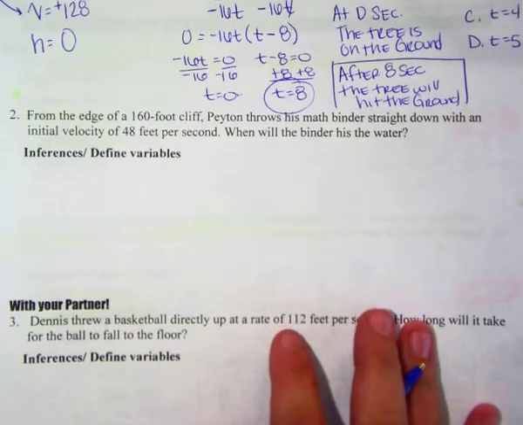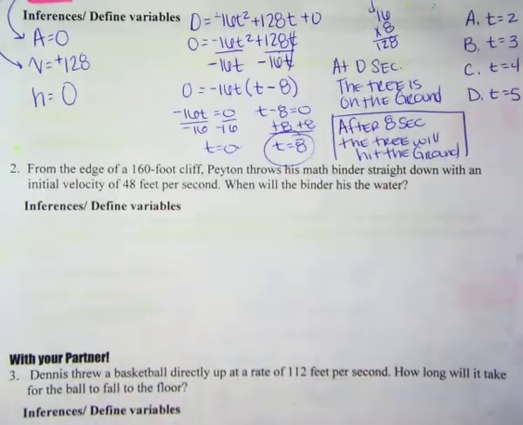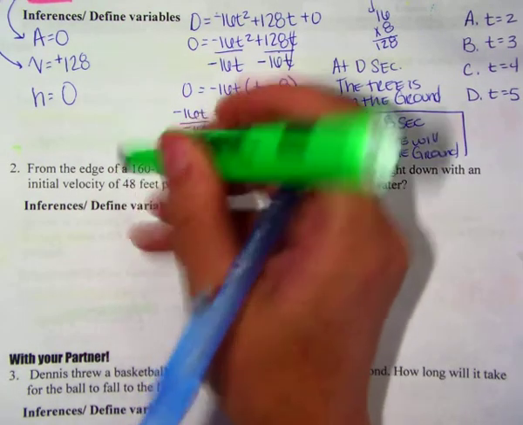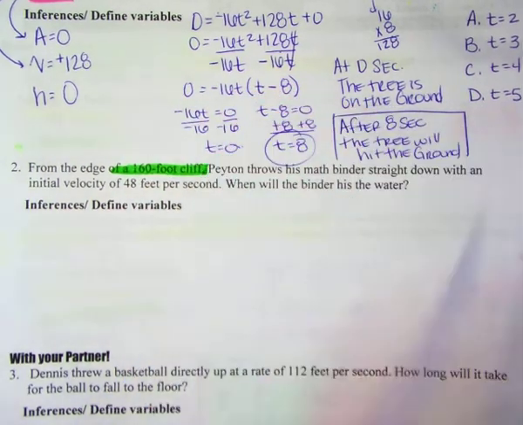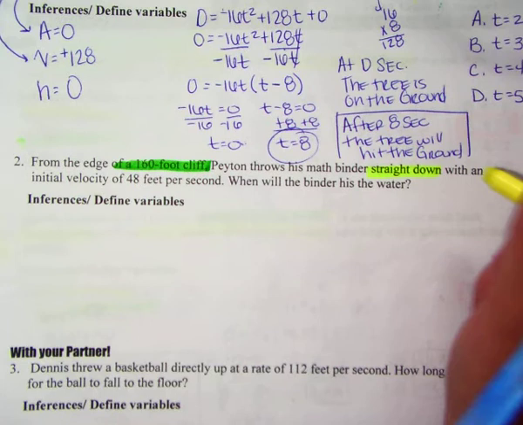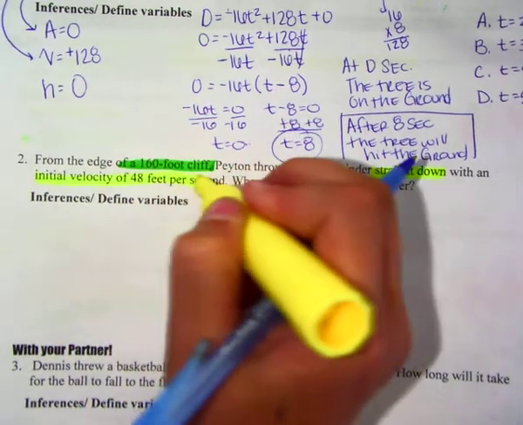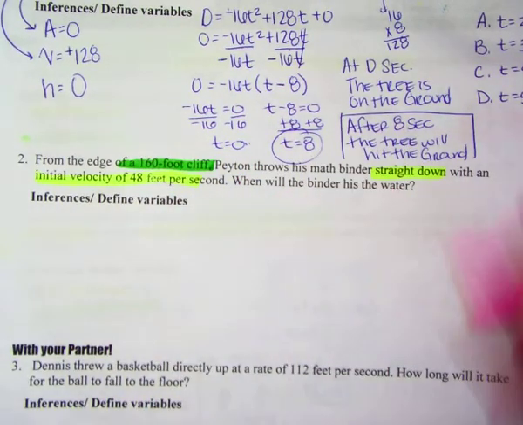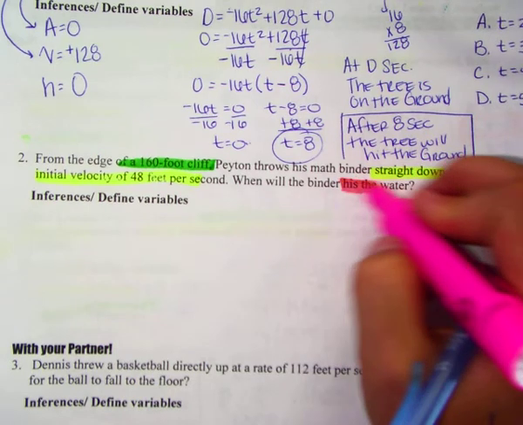All right. Number 2, I'm going to do the same highlighting. So from the edge of a 160-foot cliff, this is an initial height. That's how high he is starting. Peyton throws his math binder straight down. That's velocity, with an initial velocity of 48 feet per second. When will his binder hit the water?